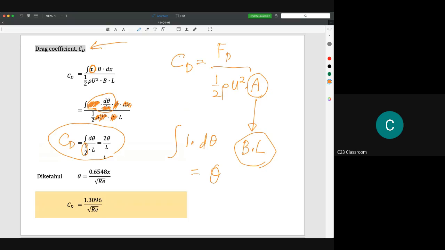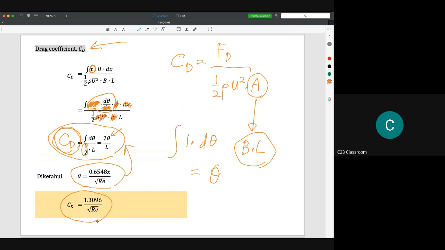If you want to test, for example, you take the velocity profile u over U as quadratic, you find the value of theta, substitute it into this one, and finally you could get its drag coefficient. So in the previous calculation, we got theta as 0.6548x square root Reynolds.